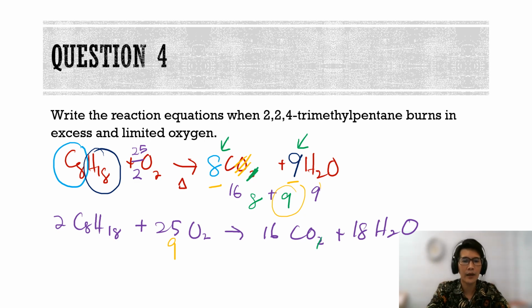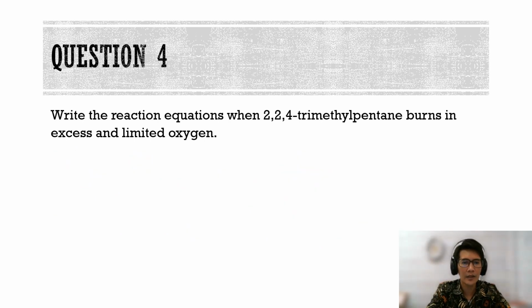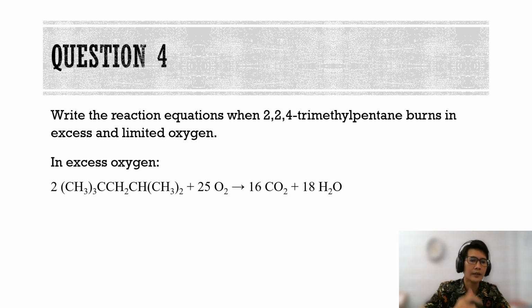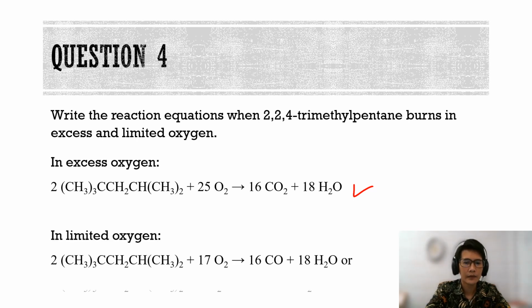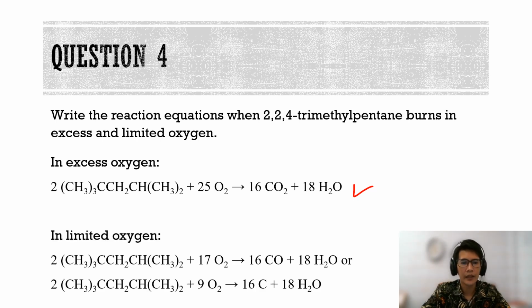So kita tengoklah persamaan yang saya dah tulis dalam menggunakan PowerPoint ni. So dia cantik sikit lah, kemas sikit. Okay. Betul kan yang kita buat tadi? Okay, this the equation in excess oxygen, and these two are the equation in limited oxygen, 17 and 9.